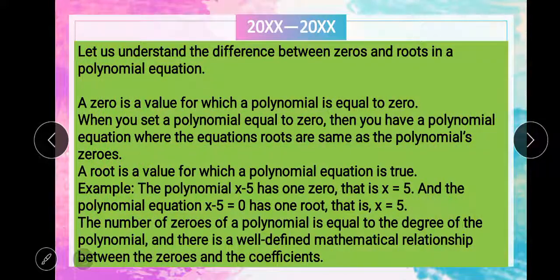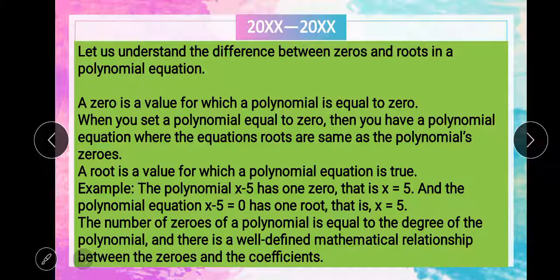Now, let us understand the difference between zeros and roots in a polynomial equation. A zero is the value for which a polynomial is equal to 0. Means, on putting the value of the zero in the polynomial, we always get 0. It satisfies the equation, giving the result 0. A root is a value for which a polynomial equation is true.